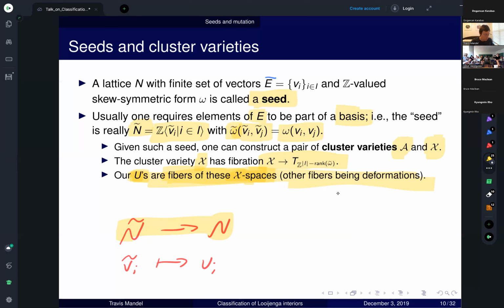We'll usually be working with some fixed fiber of the X space, but occasionally I'll mention that you might have to allow for deformations. So when people are talking about cluster varieties, they're very closely related to Looijenga interiors, Looijenga pairs.